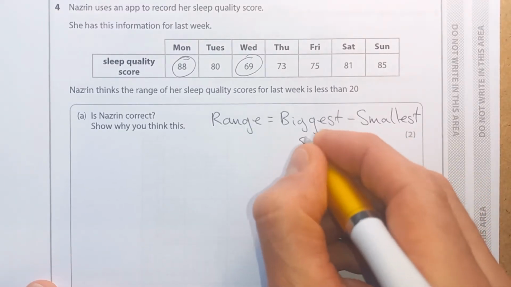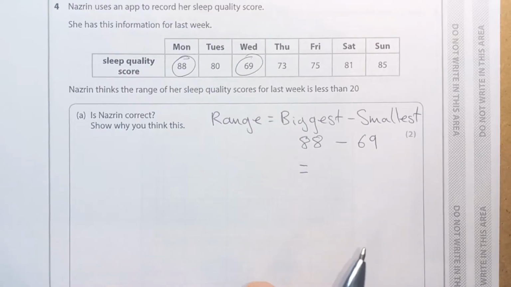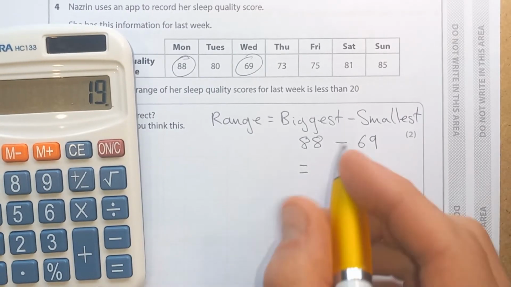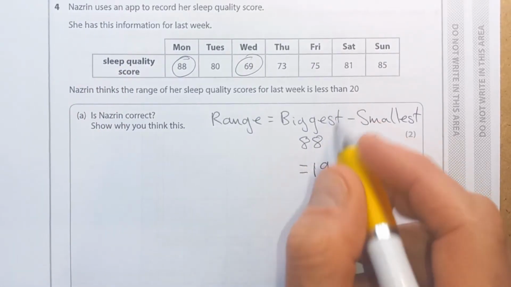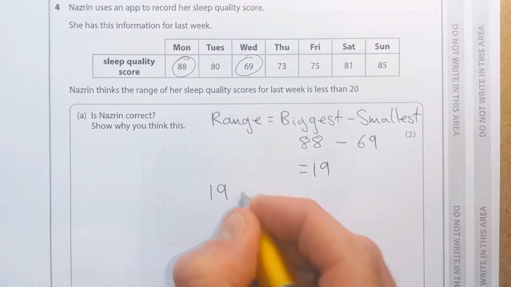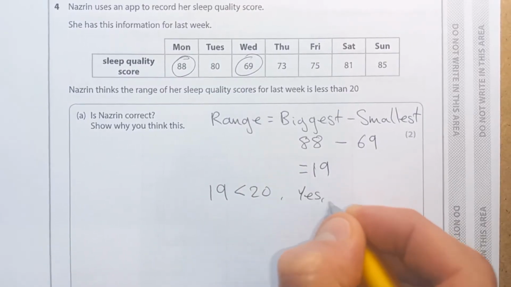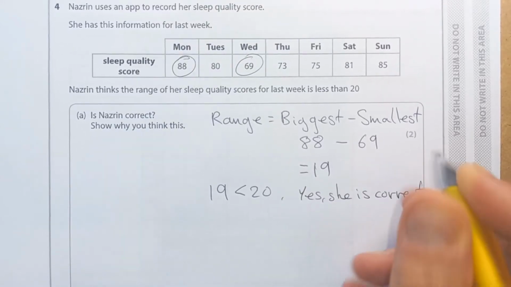Right, so it's going to be 88 minus 69, which gives us 19. Nazrin thinks her score is less than 20. Well, 19 is less than 20. So, yes, she is correct.